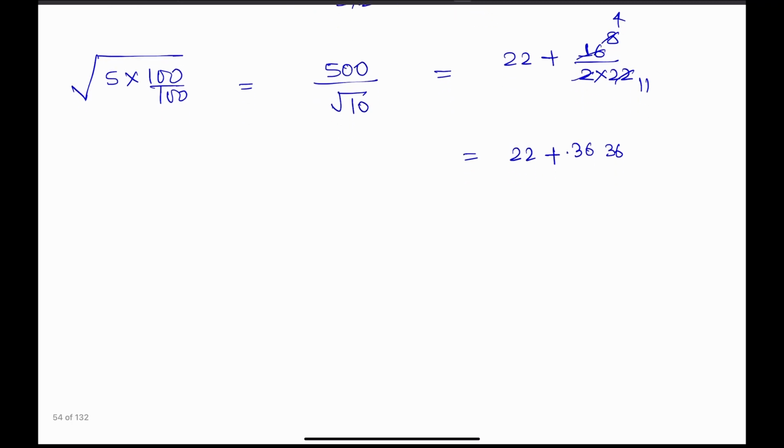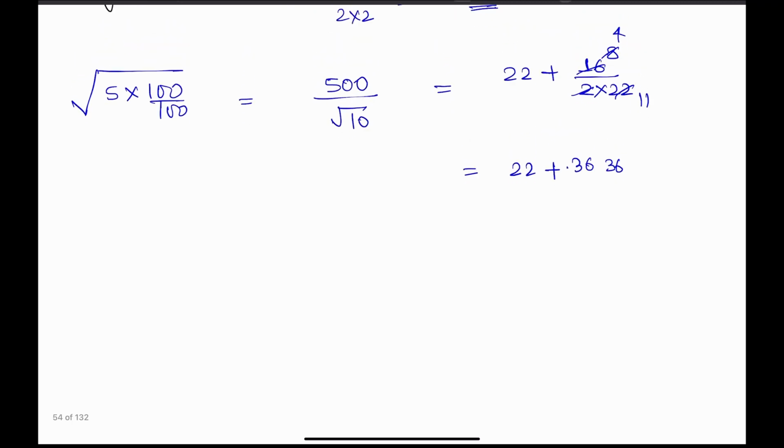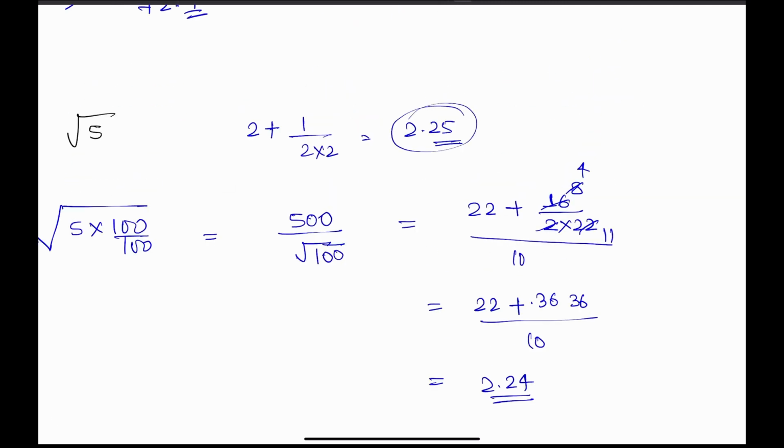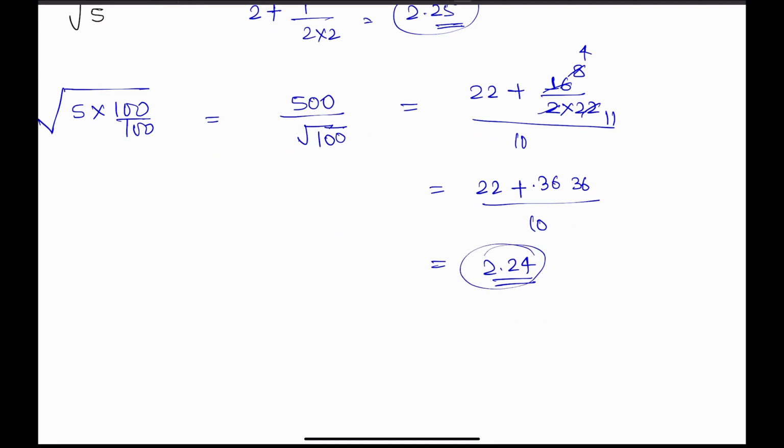And not to forget, here it is 100. Okay, every place we can divide, we have to divide it by 10, so it will be 2.24. Somewhat we reach the value, but it might be possible that we don't get an accurate value. At that point of time we have to solve.